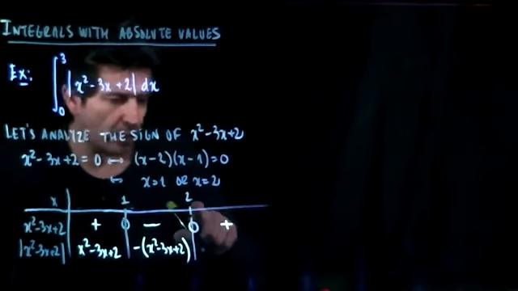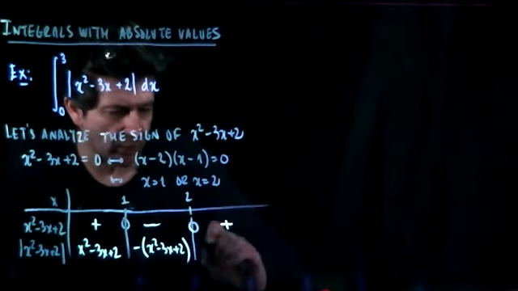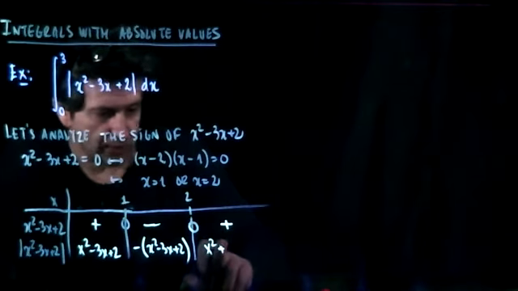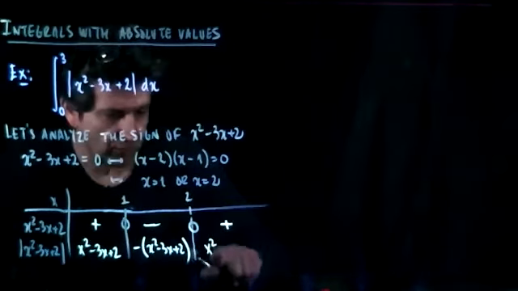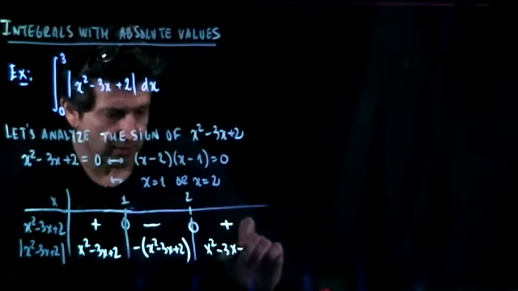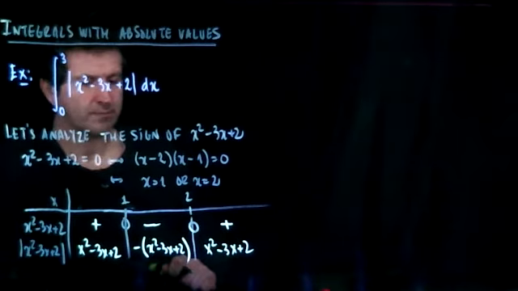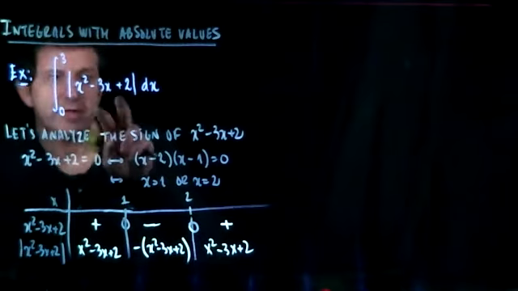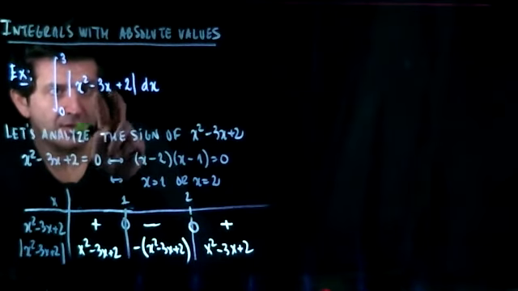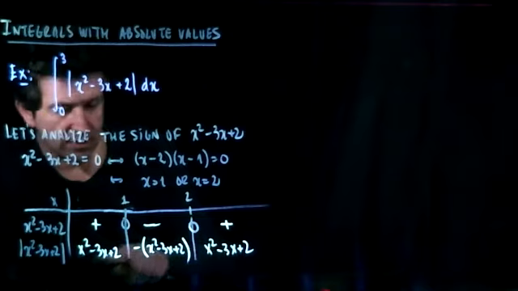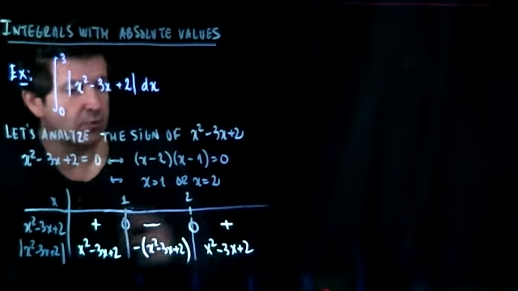And if x is greater than or equal to 2, it's positive, so it just stays x^2 minus 3x plus 2. I could just take out the absolute value. So this is what I have to do. I have to analyze the sign of what's inside the absolute value, and I'm going to eventually have to do 3 integrals.